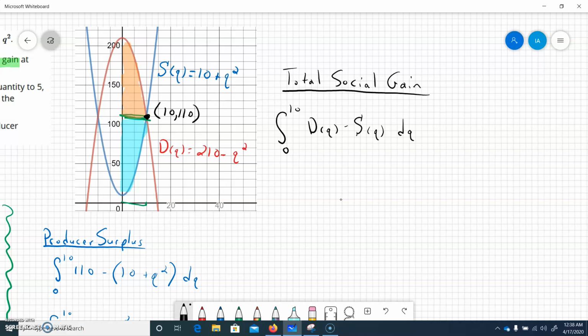But it's also this red shaded part plus this blue shaded part. So it's also, we could say, the consumer surplus plus the producer surplus.